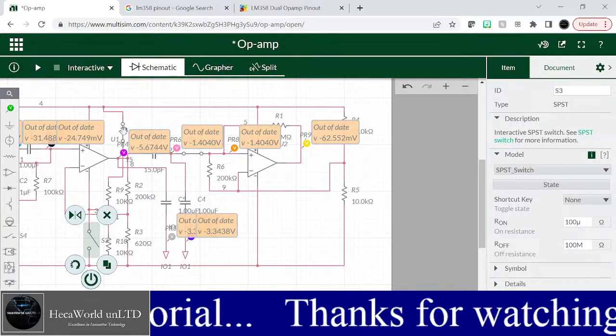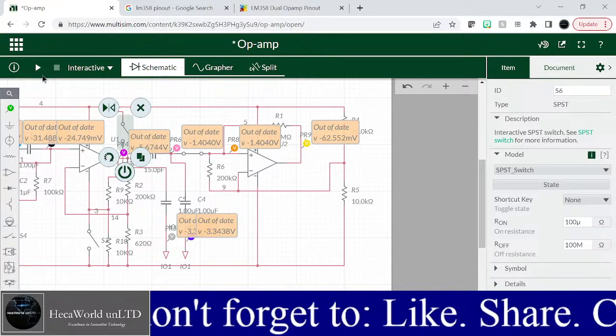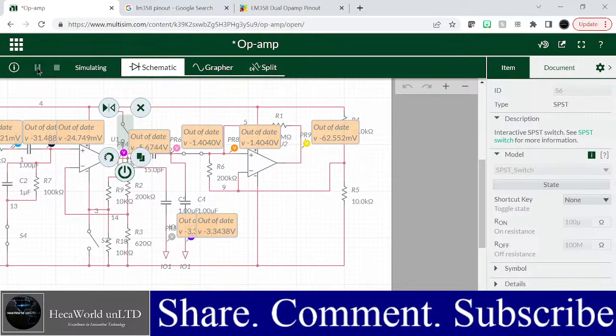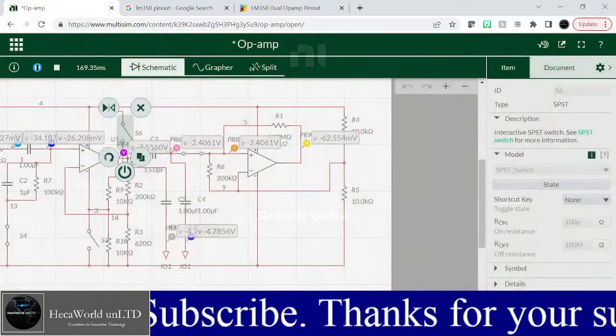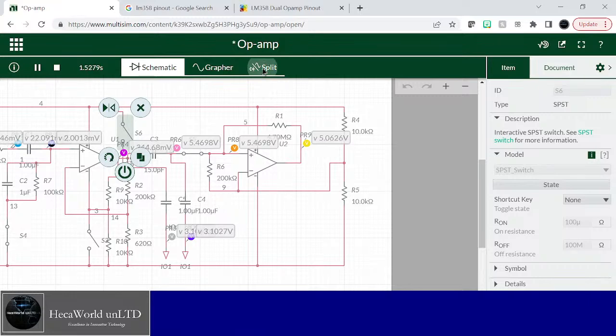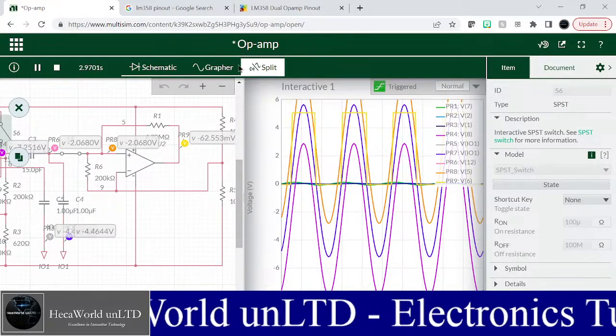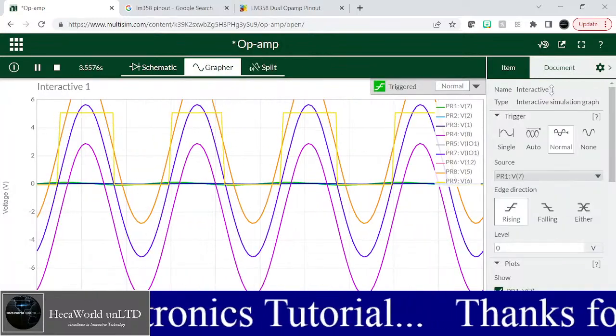And we're going to open this portion because this was added by us for the purpose of demonstration. And then I'm going to run this simulation. Now the simulation is running right now. I'm going to do a split screen, then I'll go quickly to the graph. So the split screen shows you that everything is running concurrently, and then we're going to go to the graph so we can see it better.